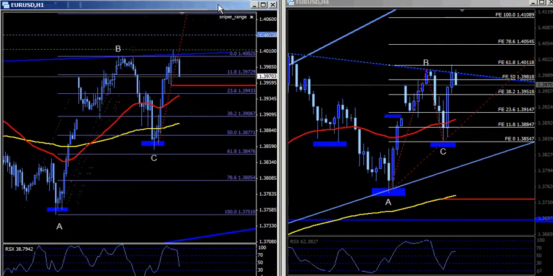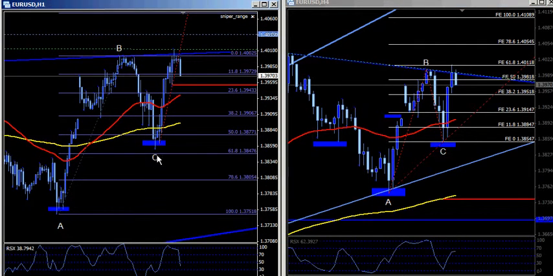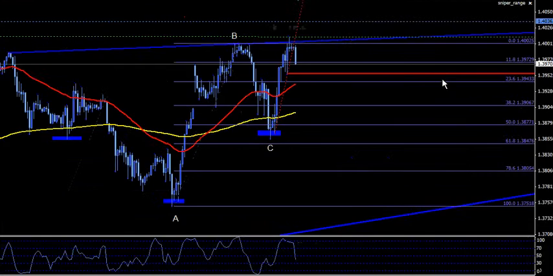So right when the internet crashed today, we had formed C on this 1-hour chart. This is the Eurodollar 1-hour chart. And if you notice, we have the inverse head and shoulders here, left, head, right, and neckline.